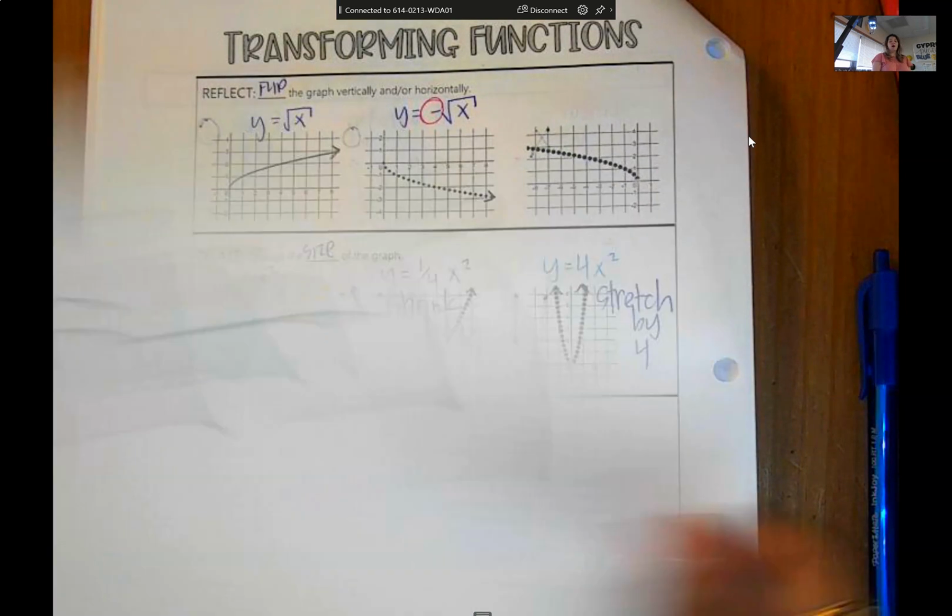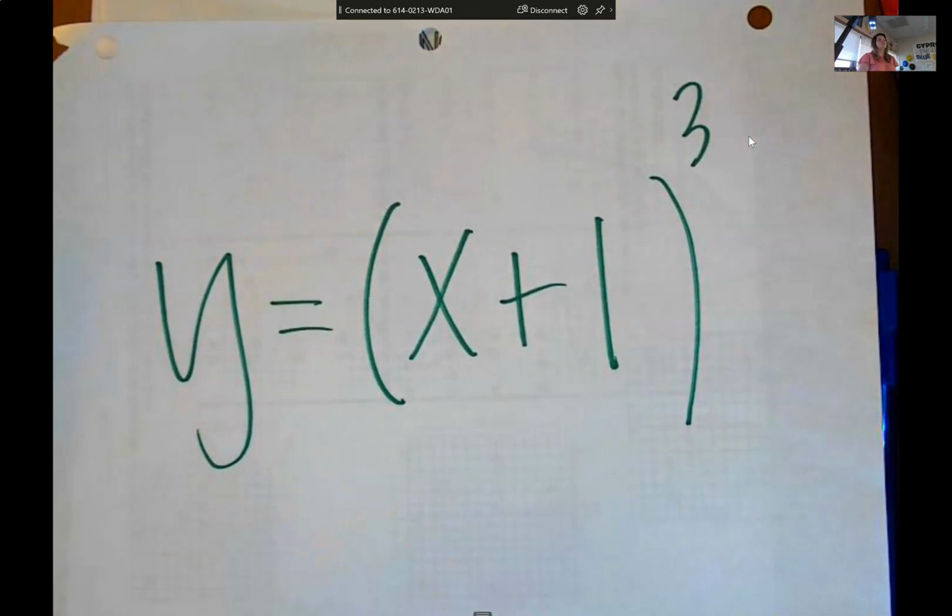Okay, this guy, I did one thing to this cubic family. What did I do? I either reflected it, stretched or shrunk it, or moved it left, right, up, down.